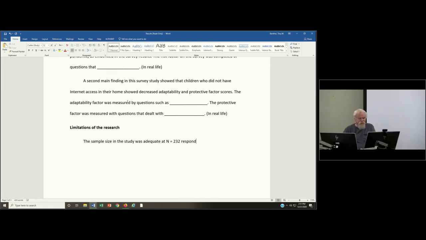You know, what is one drawback to the sample size? The sample size is good, but what is one drawback that might be based on sampling? The sample size in the study was adequate at 232 respondents, but the sample was only obtained in Puebla, Mexico.